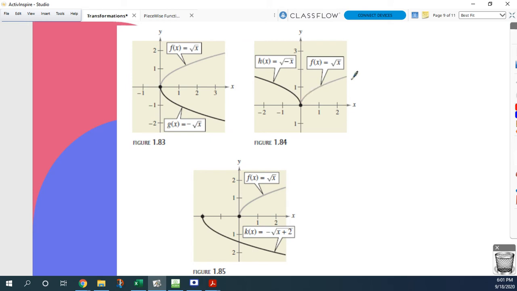So basically, instead of pointing to the right, we're going to point to the left. Now, if we wanted it to point to the left and also point down, we could have f of x equals negative square root of negative x. That would be a reflection across our x-axis and a reflection across our y-axis, so it would point down and to the left.